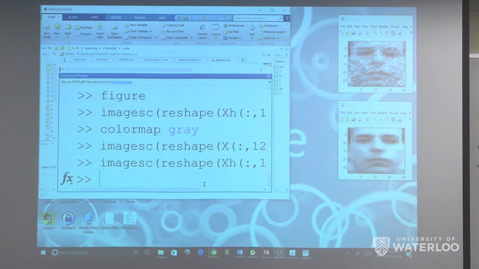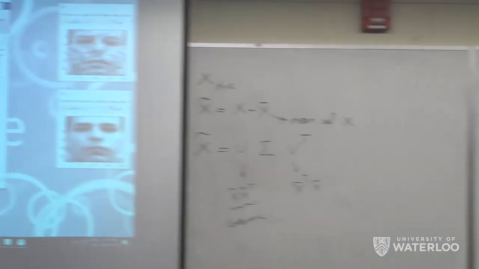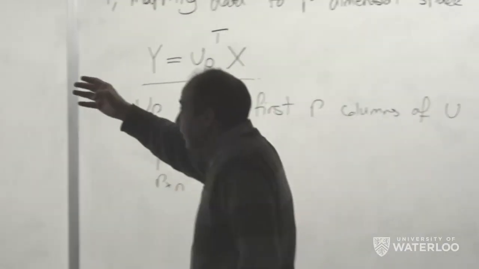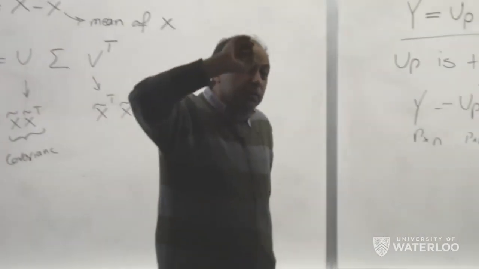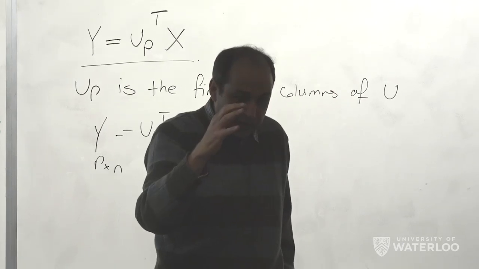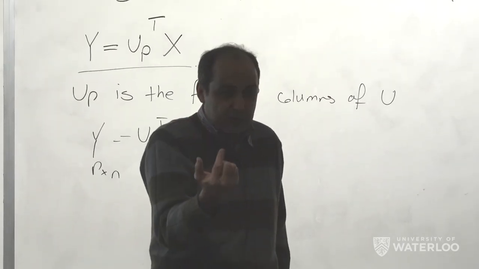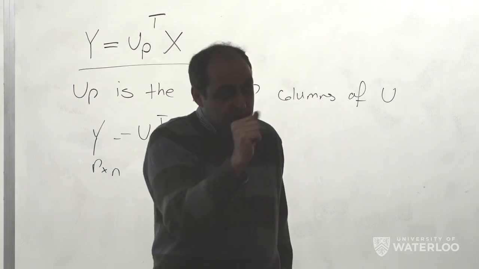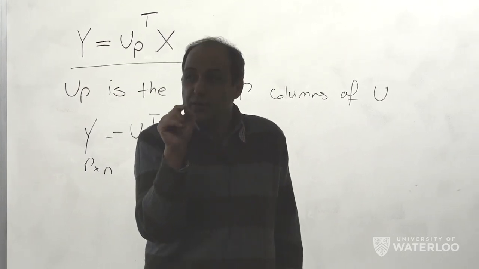No. I'm pretty sure that the noise is not among the first principal components because I can see a face here. Noise is not dominant. But whether the optimal P is 10 or 20 or 50 or 200, I don't know. Ask this question at the beginning of next lecture because we're over time, and I will tell you how you can compute the optimum P.